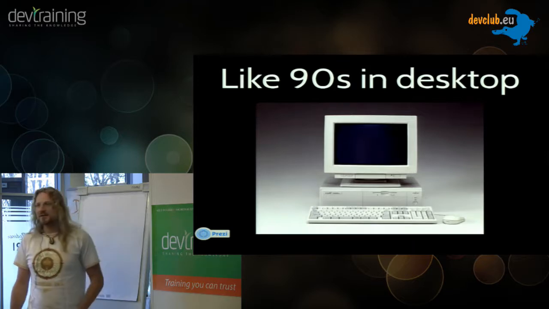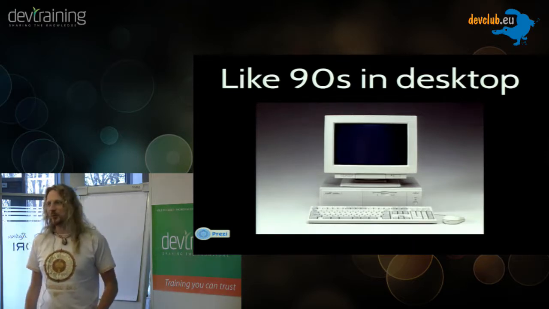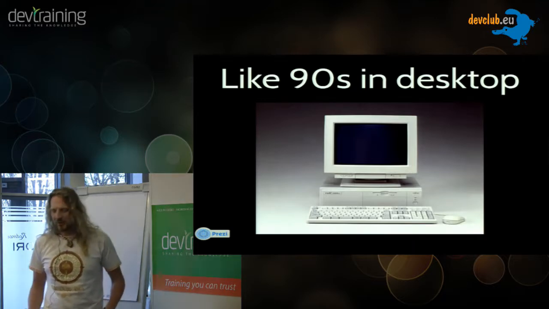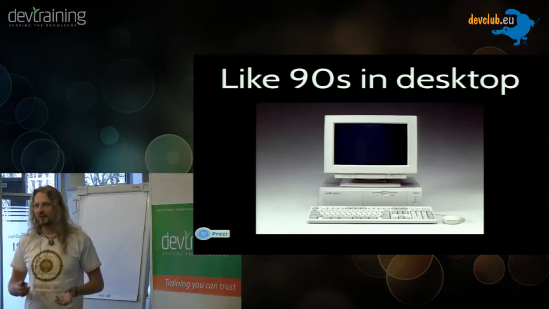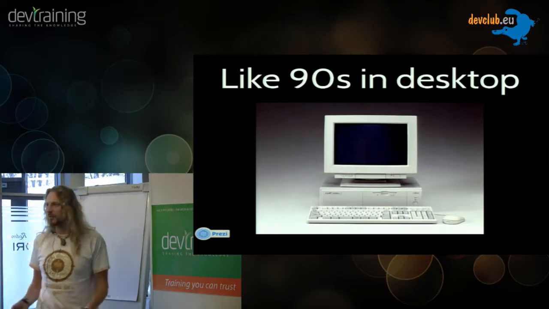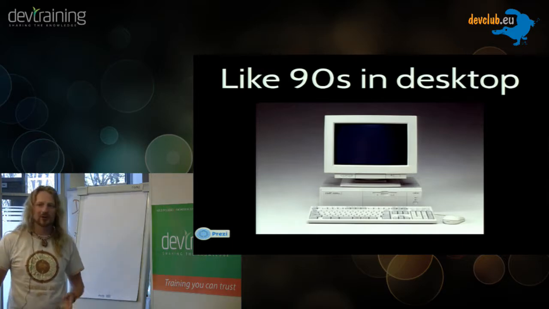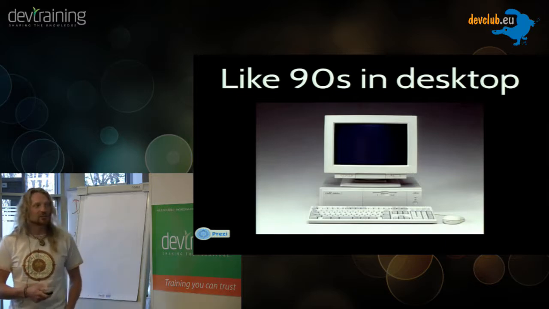So that's basically the same situation as we had in the 90s in the desktop world. This is when all people did was write native Windows applications for the desktop, and of course you remember the shareware model and whatever. That's all in the past.